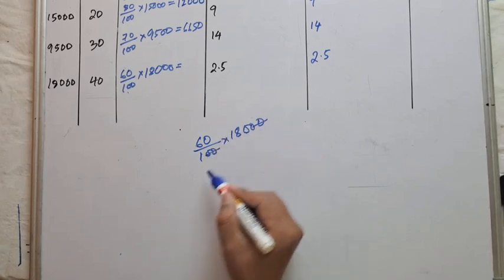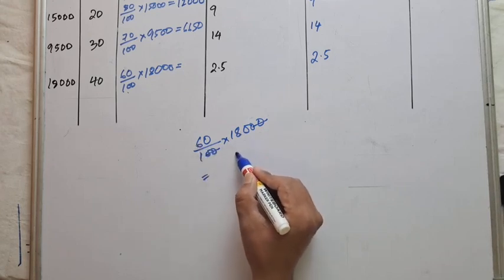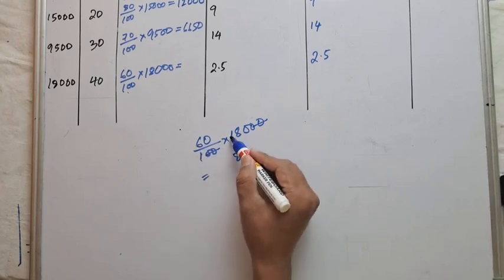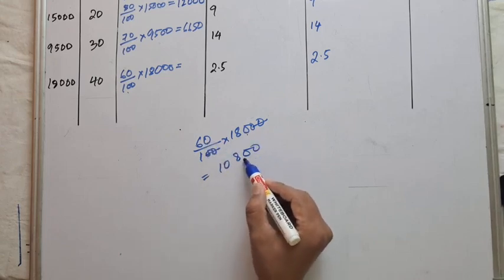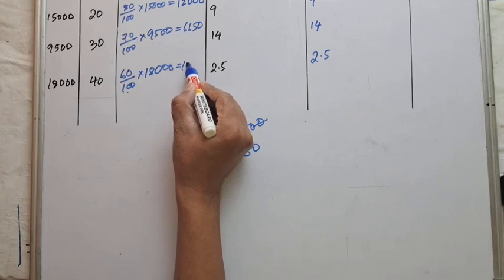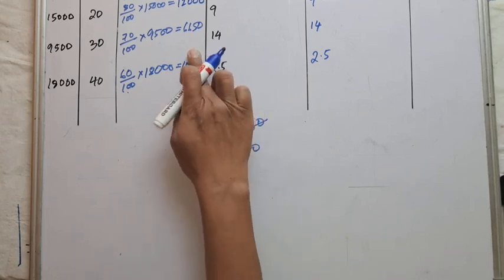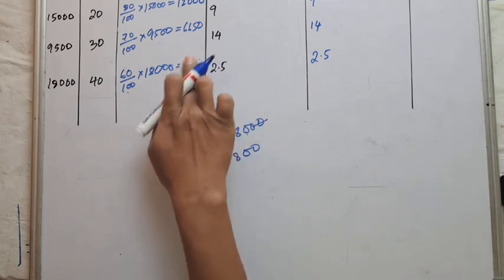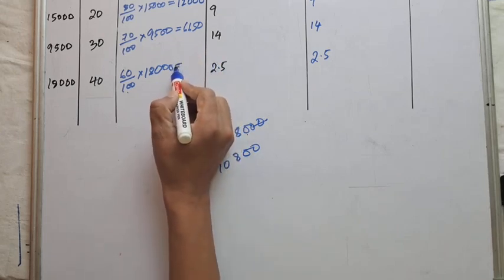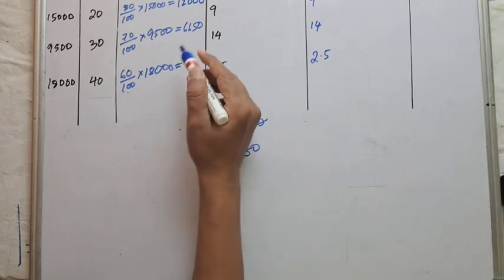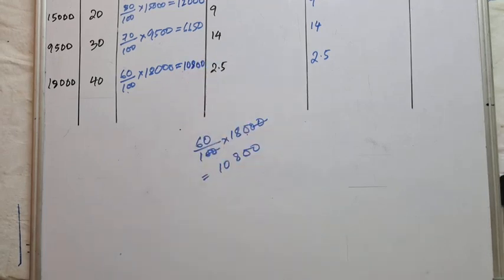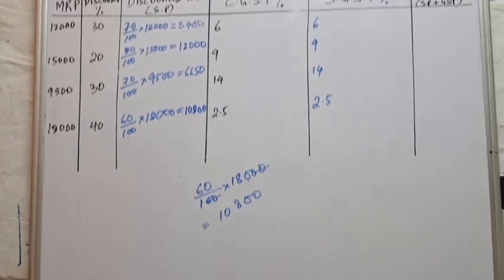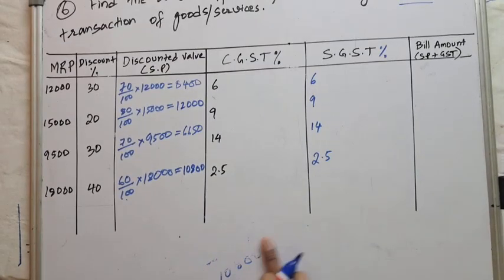Two zeros cancel out. 6 8s are 48. 8, 4 in hand. 6 1s are 6 plus 4 is 10. So this 0 and this 0 we write here. 10,800. Let me write clearly. Now we have the discounted value or the selling price.